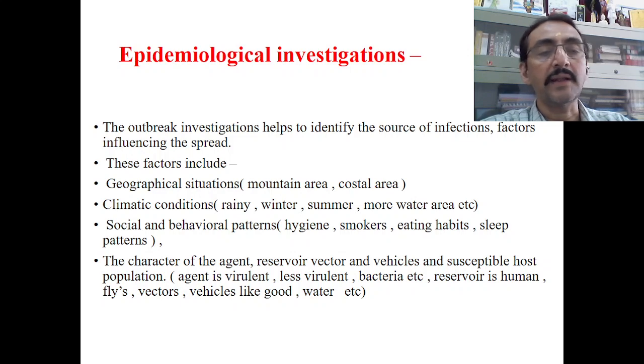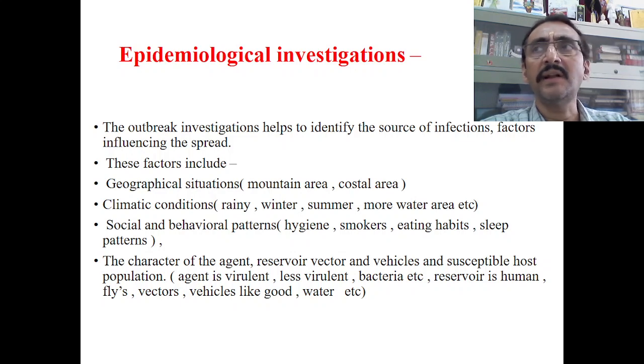Apart from that, the character of the agent, the character of the reservoir, vectors and vehicles, and also the susceptible host population. Sometimes the agent may be very virulent, sometimes the virus or agent may be less virulent, bacteria may be more virulent. Sometimes the reservoir may be human, or flies, or animals.